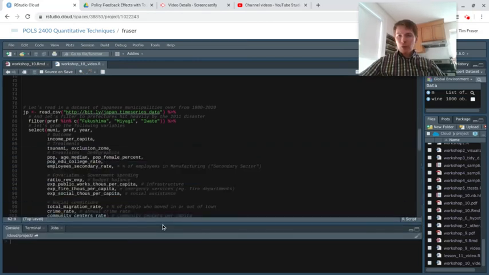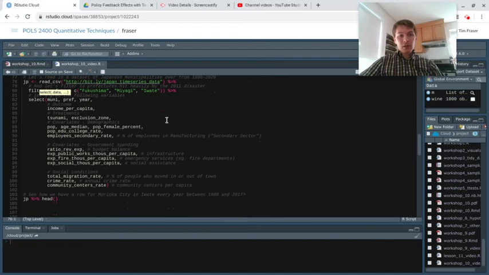Okay, so we've talked about the wine data set. It might be helpful to think a little bit more about another example. Here's one. I made a data set of Japanese municipalities from 1980 to 2020. And if you run this code, which has a bunch of things in it, it's going to do a few things.